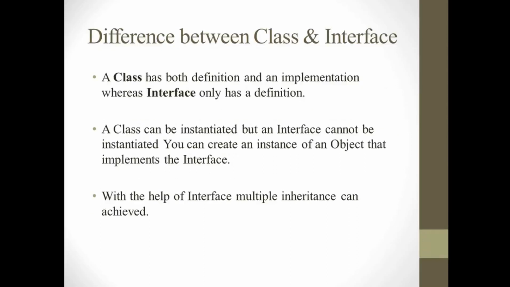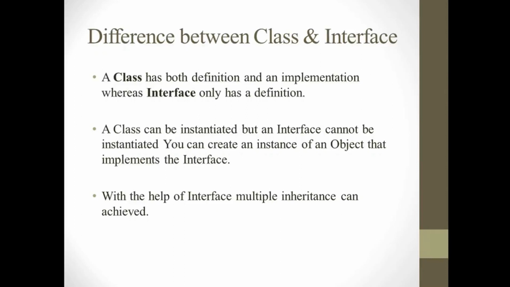What is the difference between a class and an interface? A class has both definition and implementation features, whereas an interface can only declare the methods or properties. A class can be instantiated, but an interface cannot be instantiated. You can create an object of a class that implements the interface.